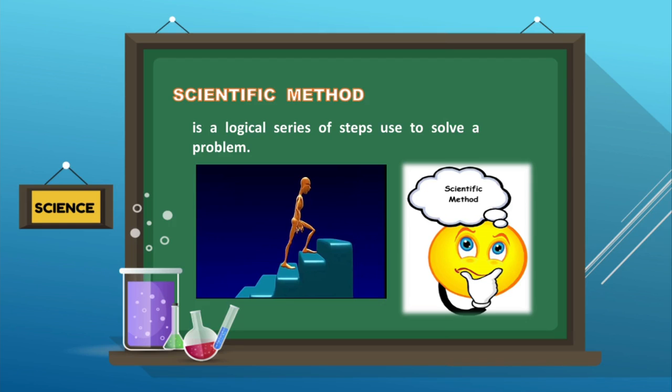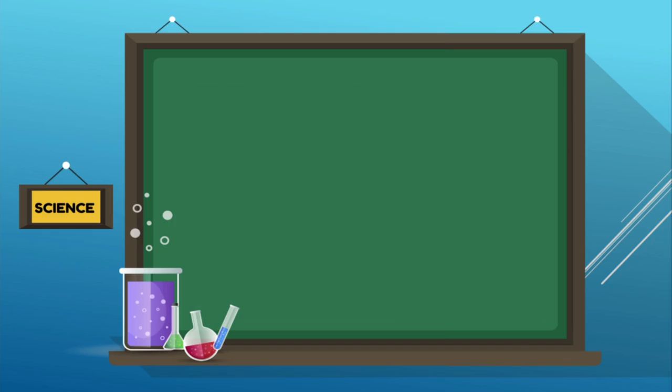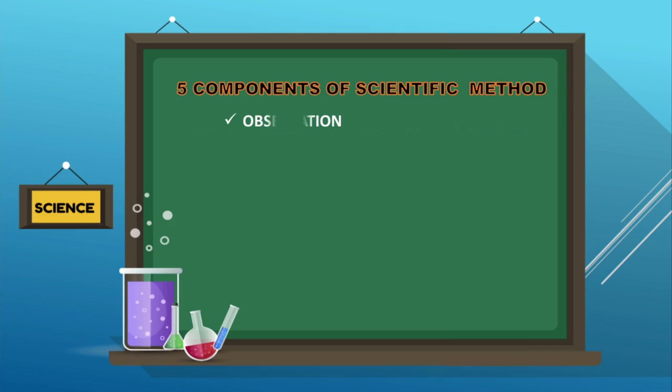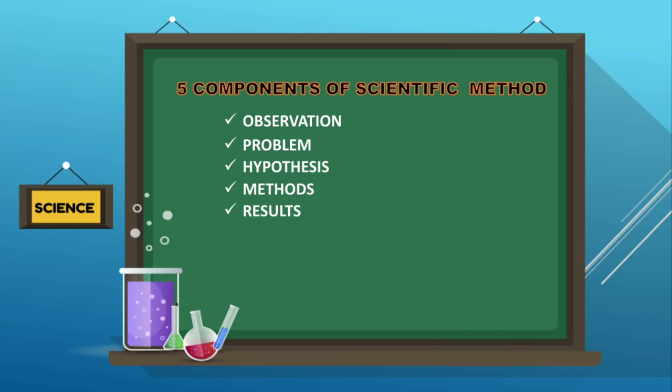Now, let us try to dig deeper into the components and the step-by-step processes of the scientific method. The 5 components of the scientific method are observation, problem, hypothesis, methods, and results.